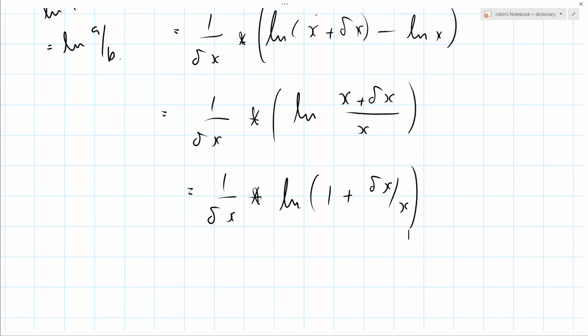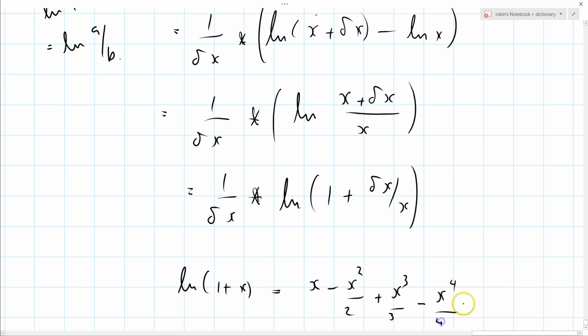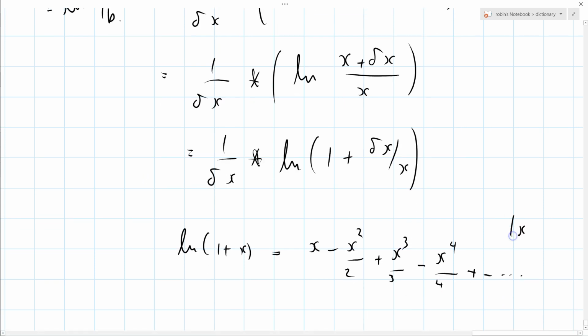And now I'm going to remind you that log of 1 plus x is equal to x minus x squared over 2 plus x cubed over 3 minus x to the 4 over 4 plus and minus forever, I think for mod x less than or equal to 1, I can't remember.